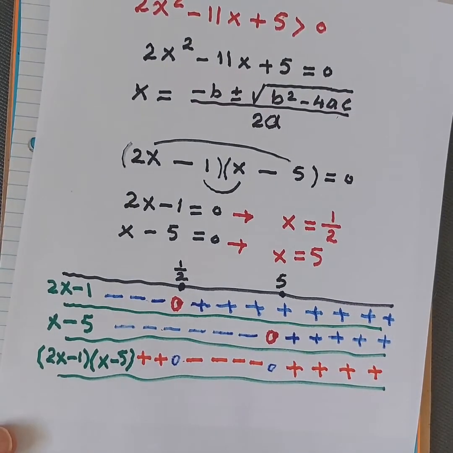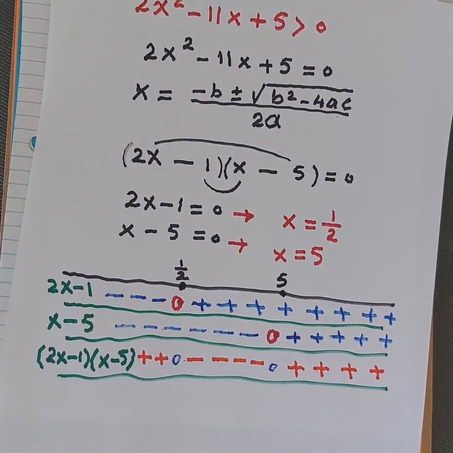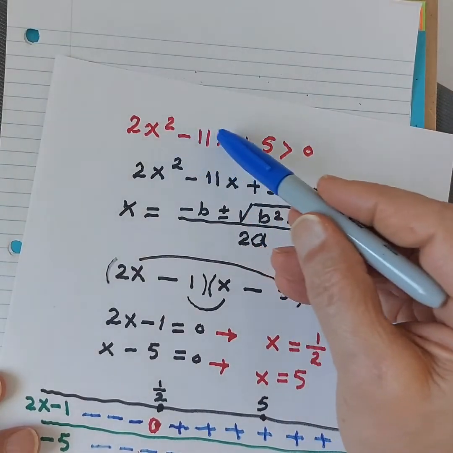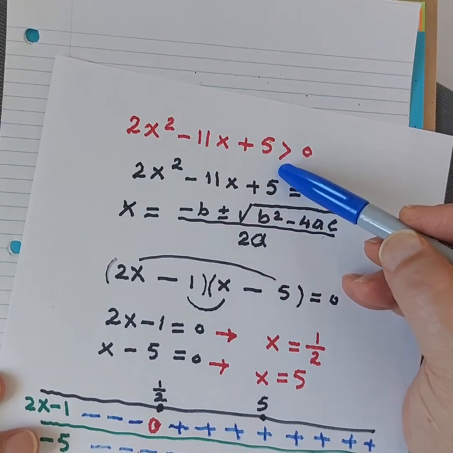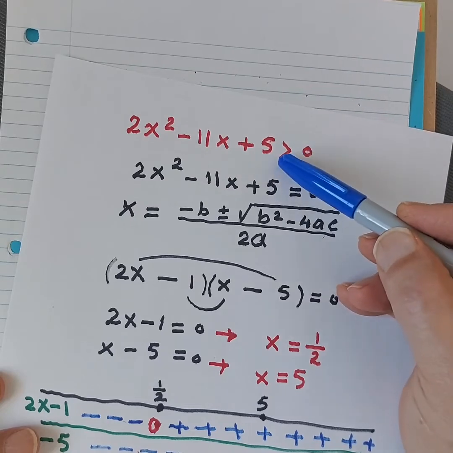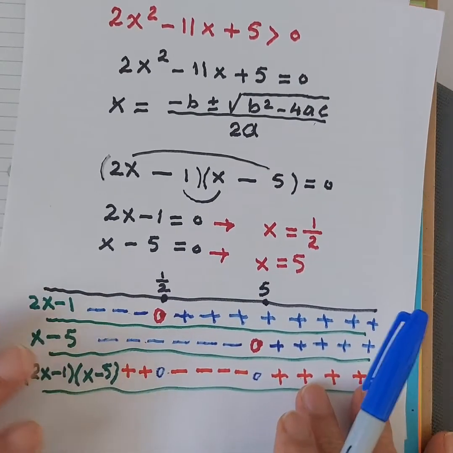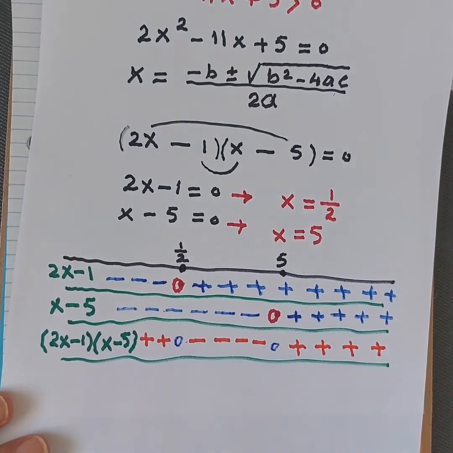You see? Now we can write the solution for the inequality. The inequality said the multiplying will be greater than 0. What's the meaning of greater than? That means it is positive, it is not negative. So we will look here for the intervals with positive sign.